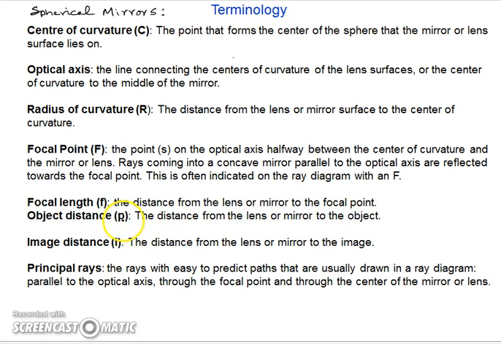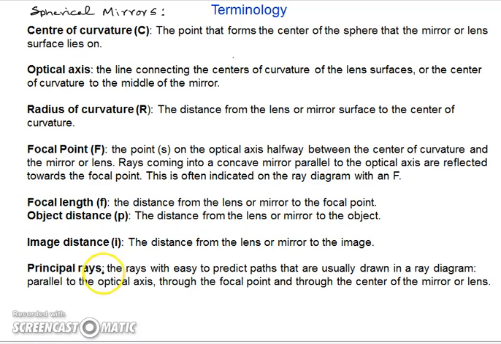Object distance will be denoted by the letter P here: the distance from the lens or mirror to the object. Image distance is denoted by the letter I: the distance from the lens or mirror to the image. Then we'll talk about the principal rays. This is important.